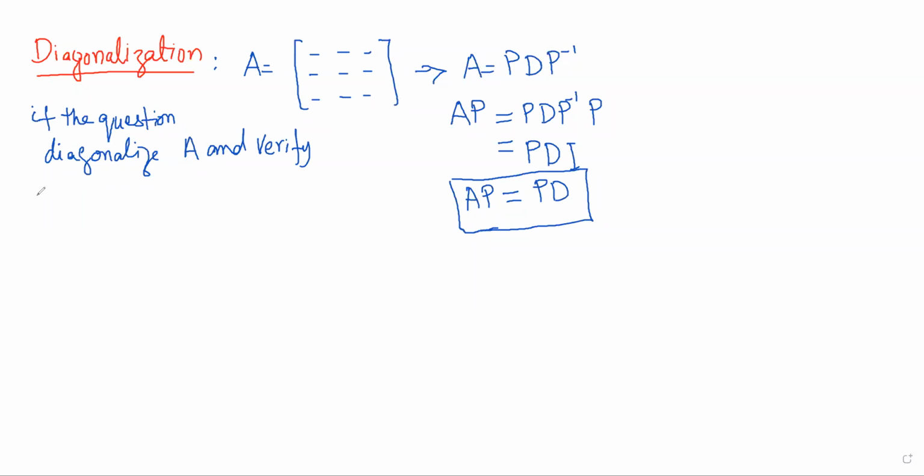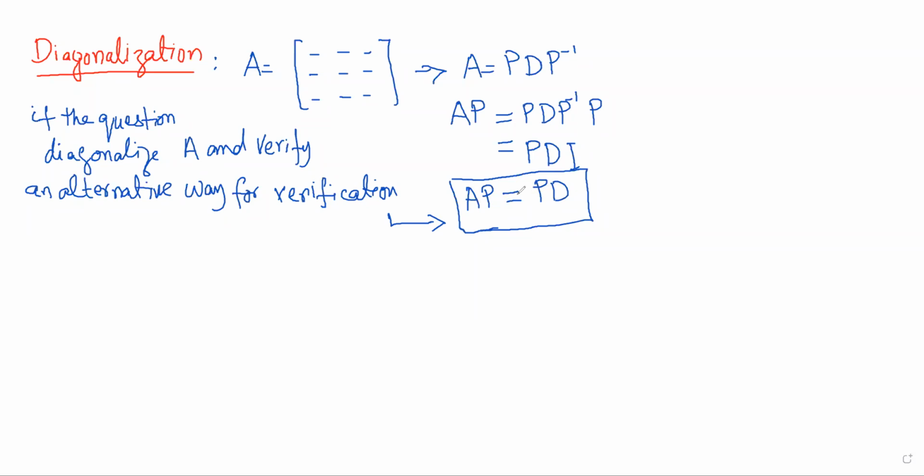So an alternative way for verification is this: AP is equal to PD.